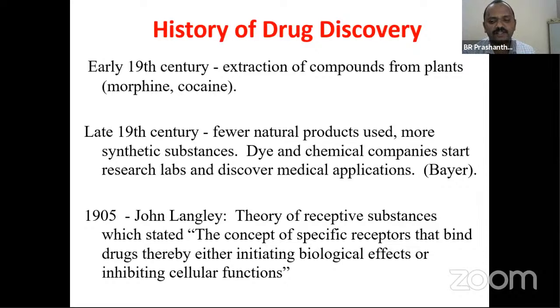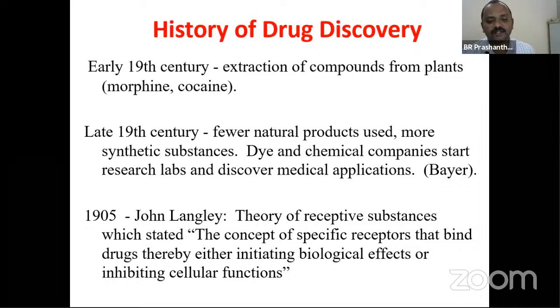One such example is Bayer. Bayer today is a well established pharmaceutical company, but once upon a time it was a dye and chemical manufacturing company. The regulations for dye and chemical companies and pharmaceutical companies have a lot of difference.